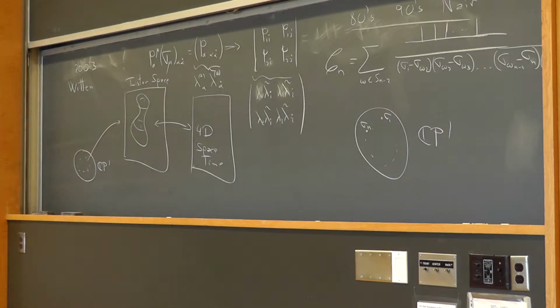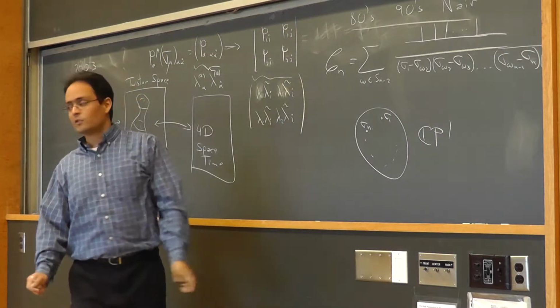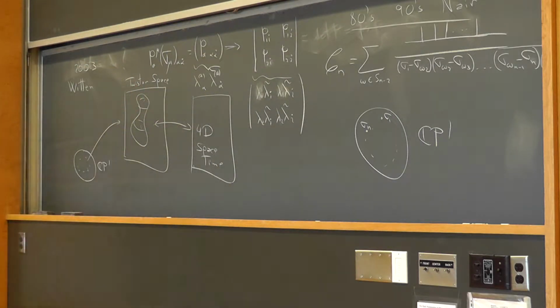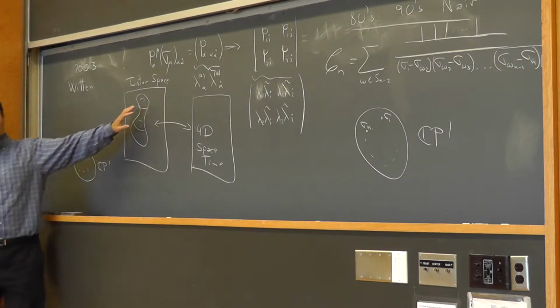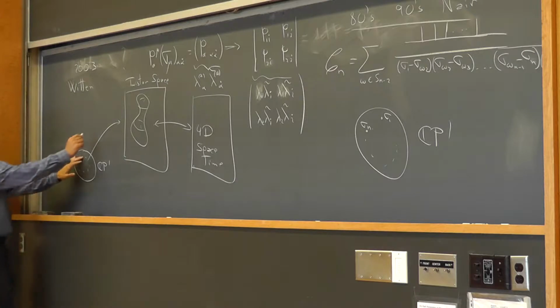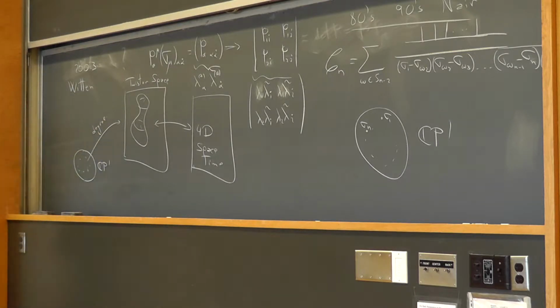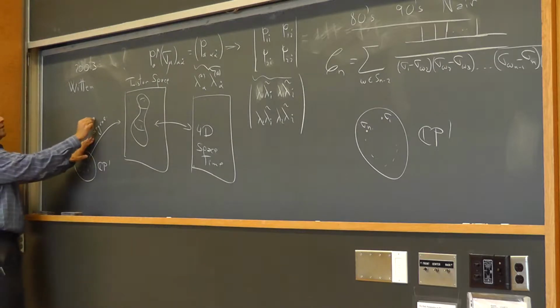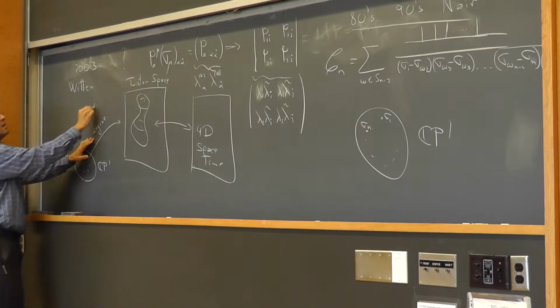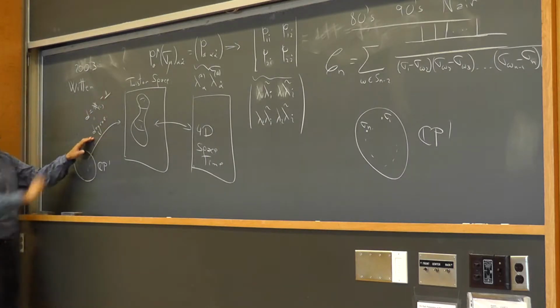And he realized that the different helicity sectors have to do with the fact that there are many different possibilities for mapping CP1s into twistor space, classified by a number. That number is called the degree of the map. That degree, he matched to the number of negative helicity gluons present in the scattering amplitude. He realized that the degree had to be the number of negative helicity particles minus 1.